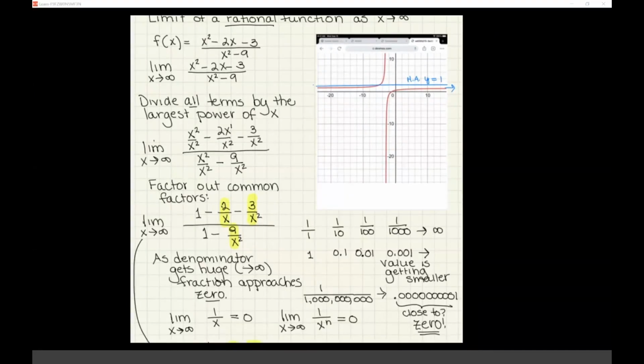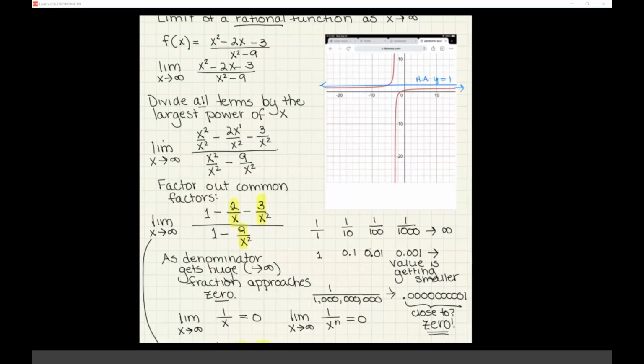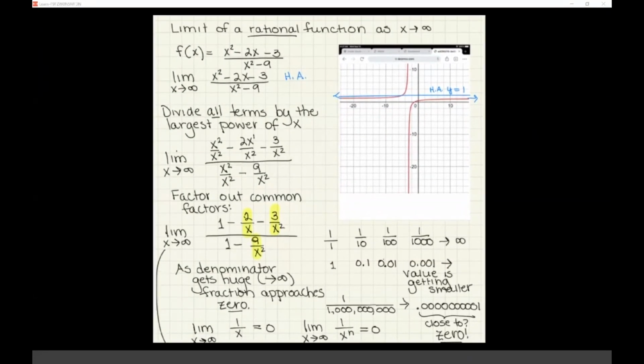And as it goes out this way, it's going to get closer and closer to y equals 1. So finding a limit at infinity is really finding the horizontal asymptote of a rational function. And you might remember from college algebra, if the degrees in the rational function are the same, the horizontal asymptote is the ratio of your leading coefficients.